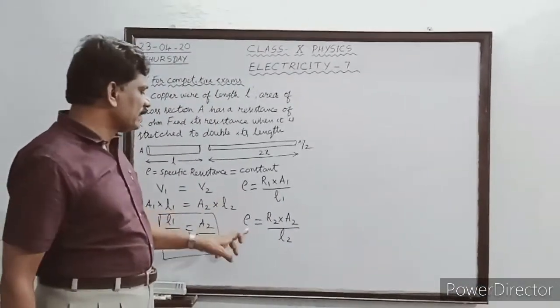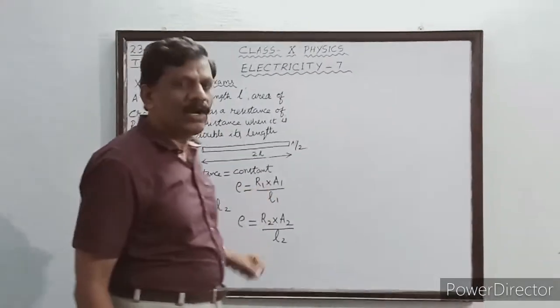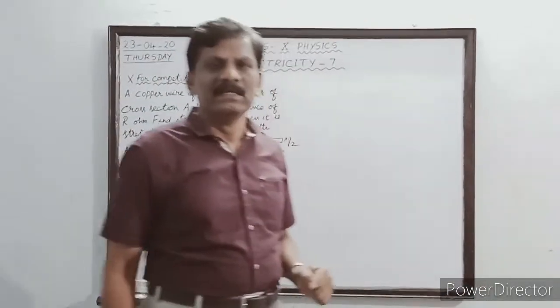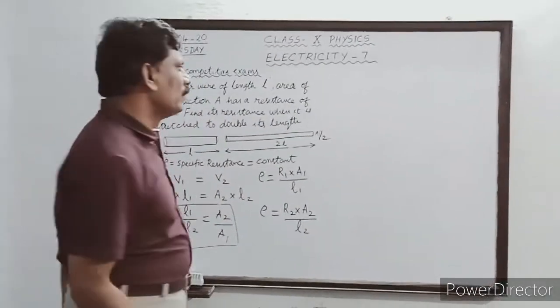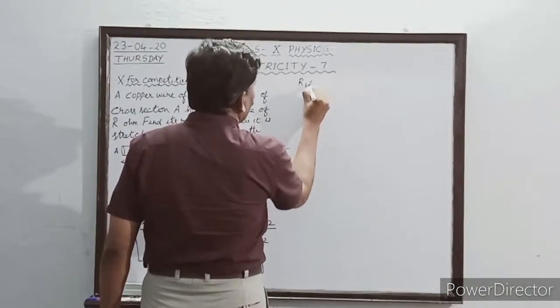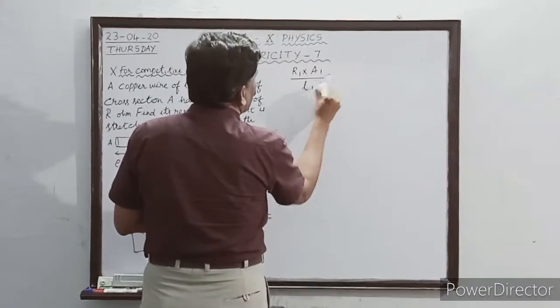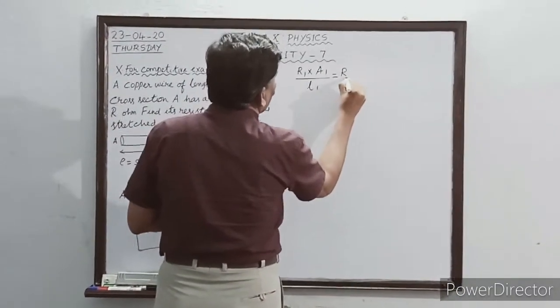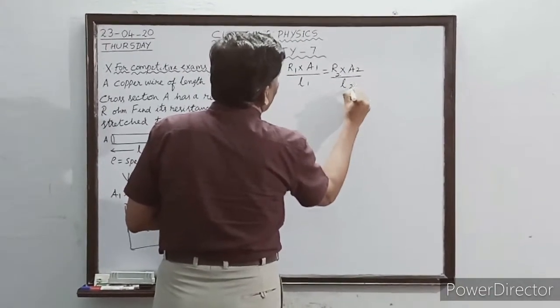So the specific resistance of both the wires, or the material copper, will be a constant. Can I equate these two expressions now? Therefore, R1 into A1 divided by L1 is equal to R2 into A2 divided by L2.